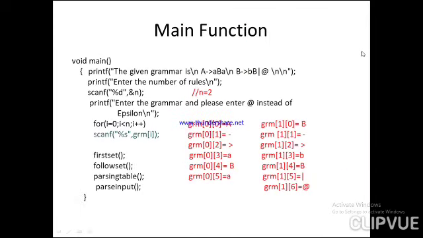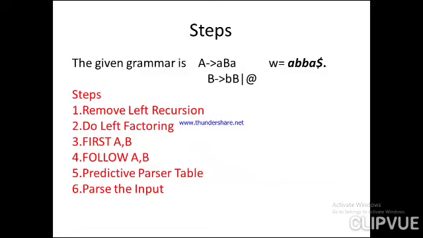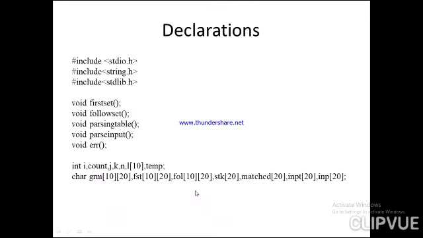I will explain that with the program. These are the steps that need to be followed. Then the predictive parser needs to be constructed and you need to parse the input. So let us start with the program. There are some declarations; you go through those declarations.